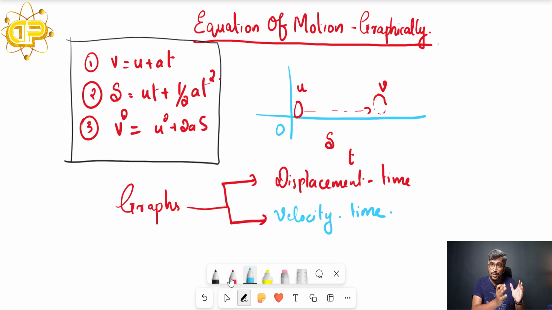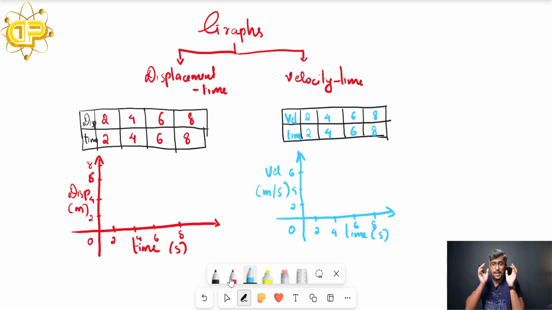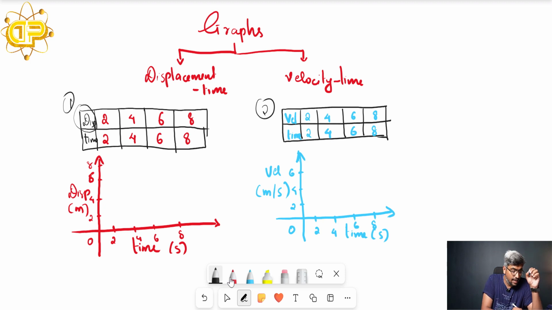So the next topic is, what are the different types of graphs? We have two types of graphs, and two sets of data are given here. This is the first data, and this one is the second data. Using that data, you are going to plot a graph. In the first data, you are given displacement data and time data, and you plot a graph of displacement against time.